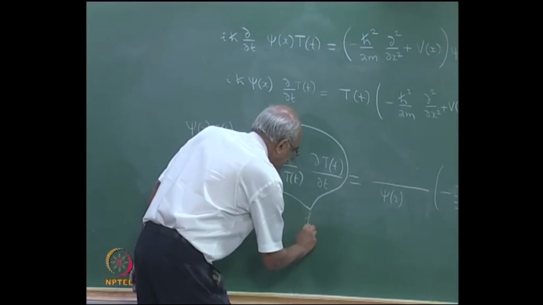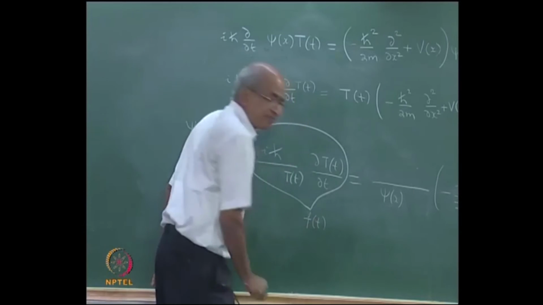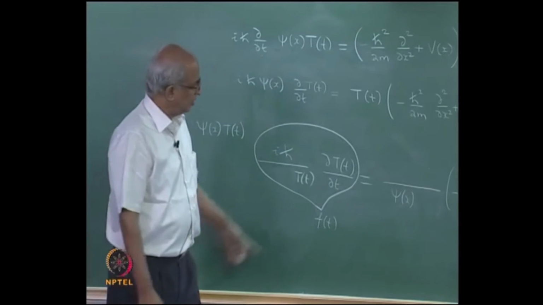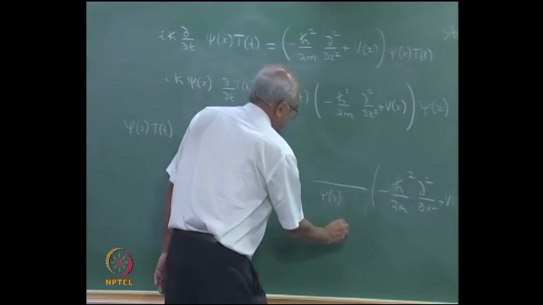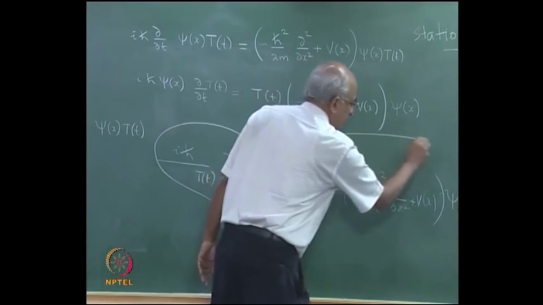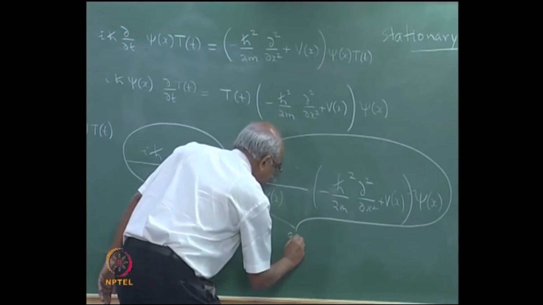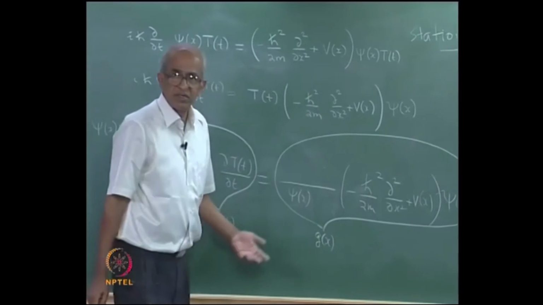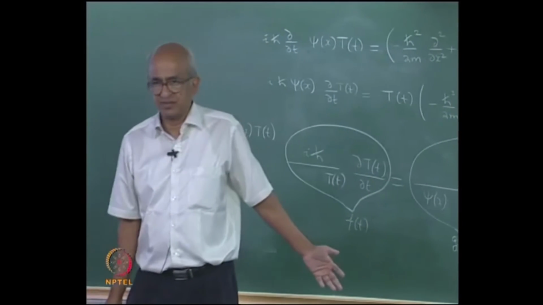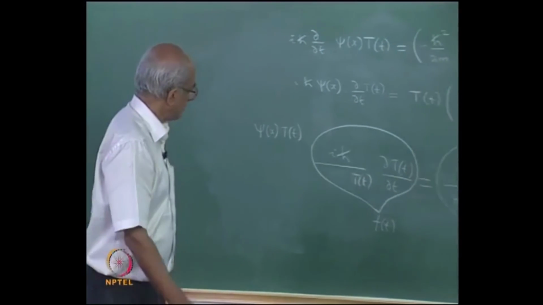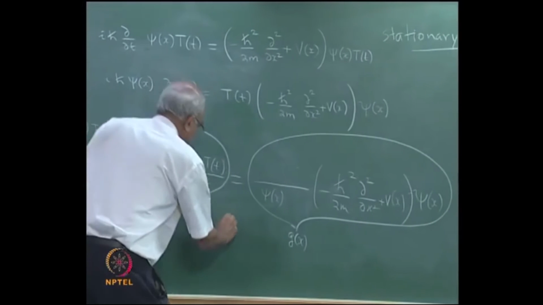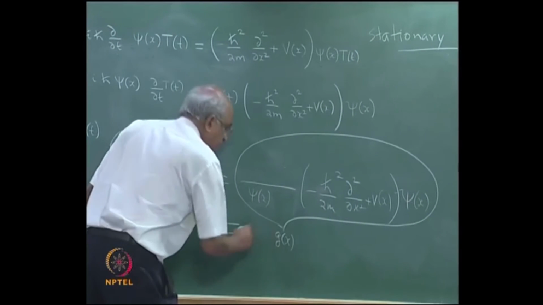So, maybe some function of time. What about the right hand side? This whole thing, you see that it depends only upon x, it depends only upon position. So, this equation is actually of the form: a function of time is equal to a function of x.